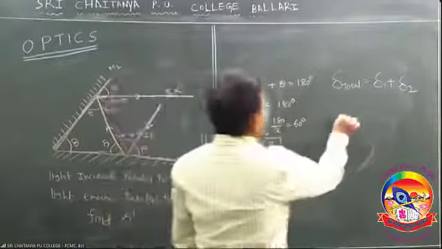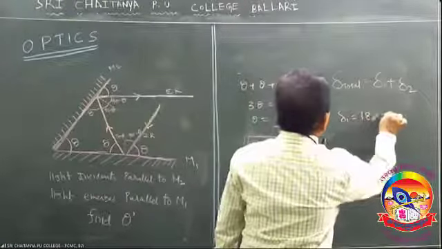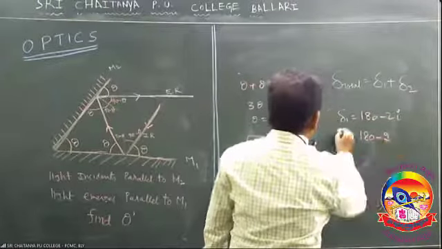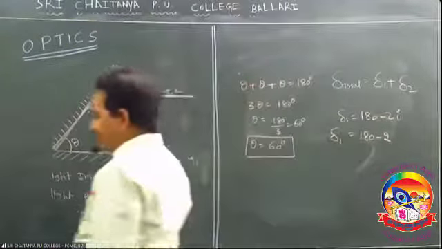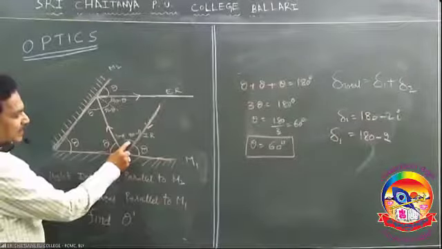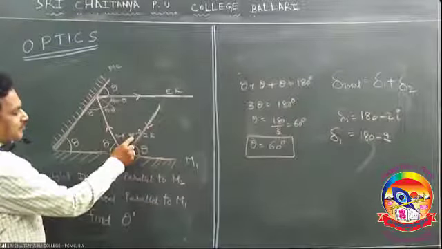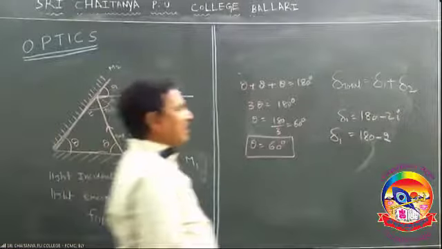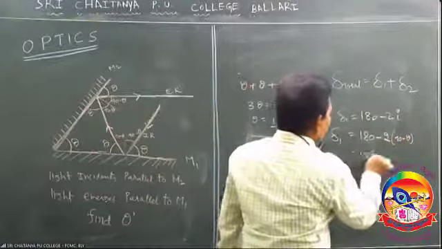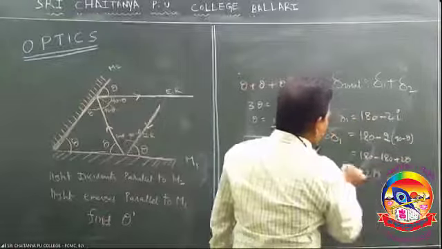Delta 1, standard formula: 180 minus 2i, is equal to 180 minus 2 into the I value. Angle of incidence here is 90 minus theta. So 180 minus 180 plus 2 theta is equal to 2 theta.